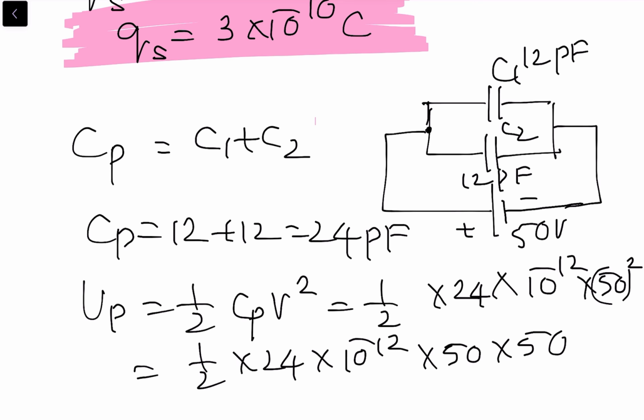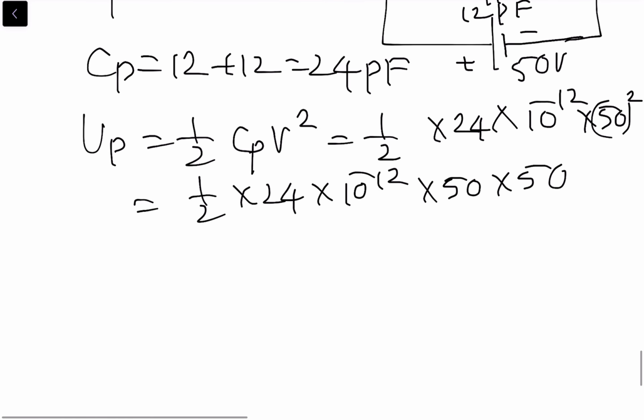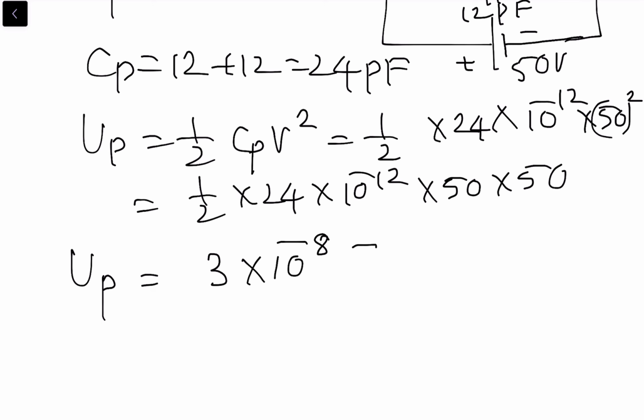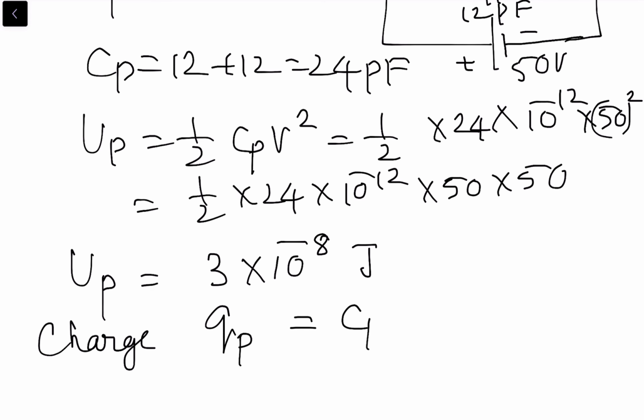Then once you simplify, you will get UP, that is energy stored in the parallel combination, 3 into 10 to the power of minus 8 joules. And another thing is charge drawn in this combination, that is QP is equal to CPV.